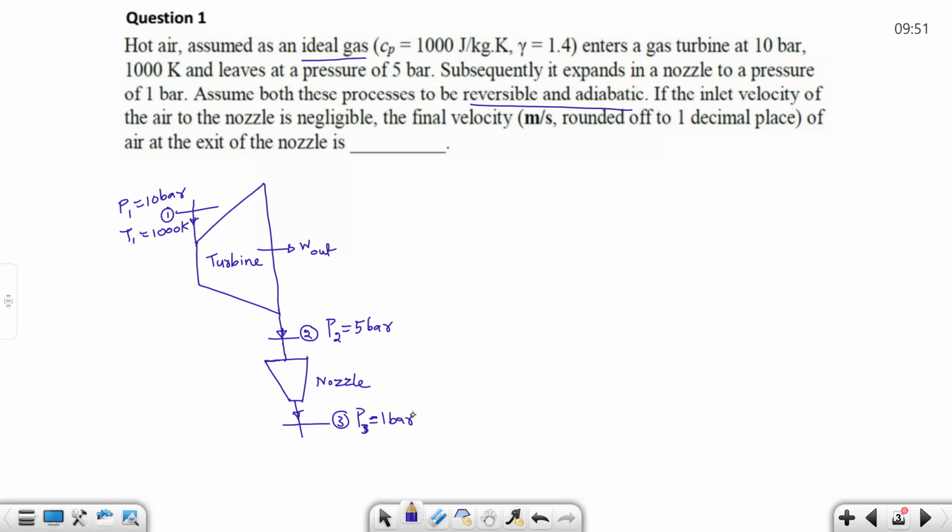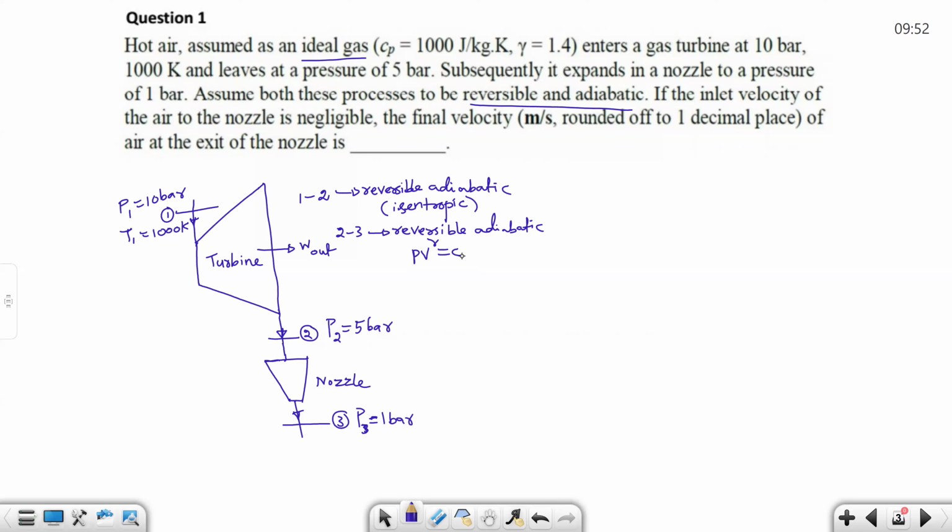So for the turbine, the process 1 to 2 is reversible adiabatic, that is isentropic. Process 2 to 3 is also reversible adiabatic. That is PV power gamma equal to constant. So this is valid for both.